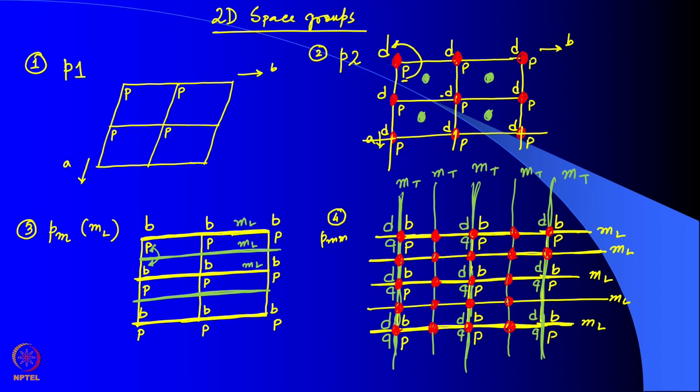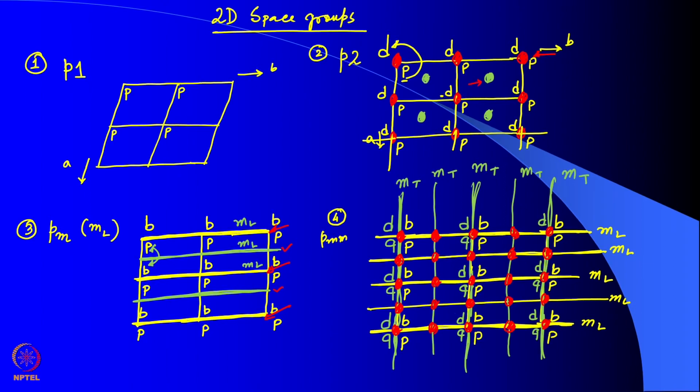So here we are applying two or more symmetry elements. We are drawing the symmetry related objects, and then we are finding that the symmetry related objects are further related by some other symmetry. So in the case of P2, you have seen that these two folds gave rise to a new set of two folds. In case of PM, you saw those mirrors gave rise to a new set of mirrors.